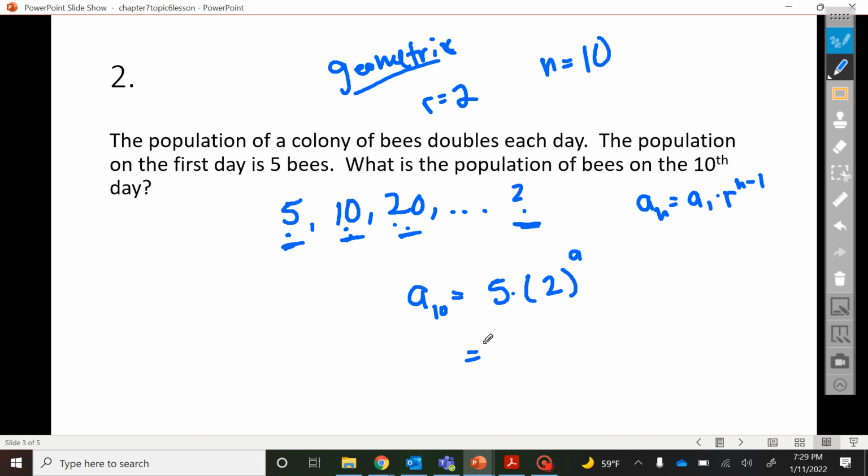Do the exponent first: 2 to the 9th power is 512. Multiply that by 5, and we get 2,560. The day 10 population is 2,560.